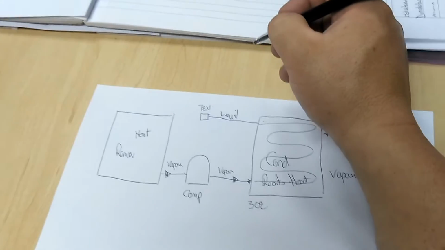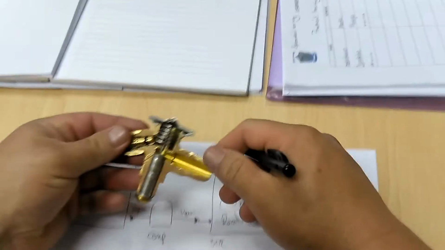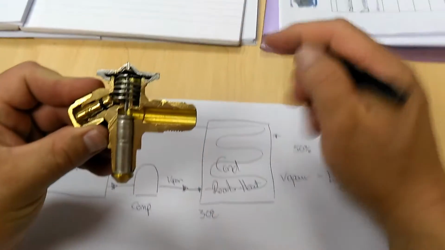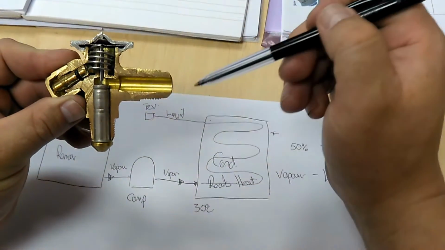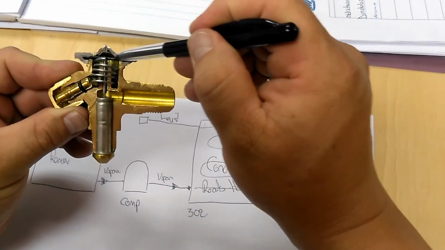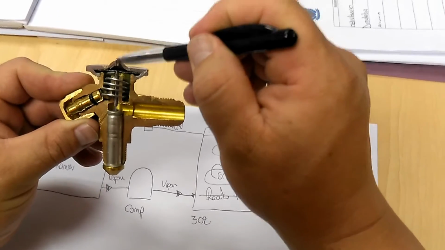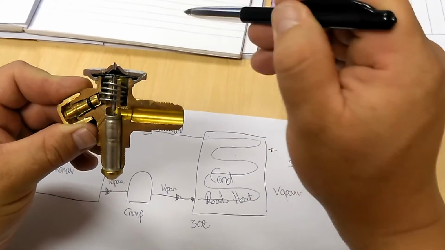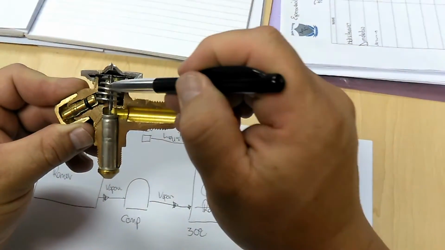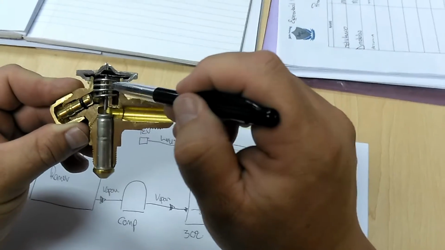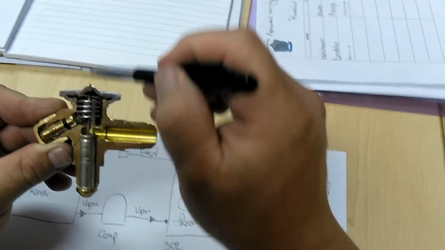So just to give you guys an example of a TEV itself. The TEV comprises different parts of the system itself. On top we have our diaphragm. This part over here would have our capillary tube, which will be attached to our feeler bulb. Inside we have a spring, and this spring is allocated to the diaphragm.